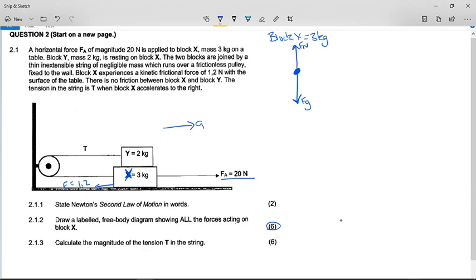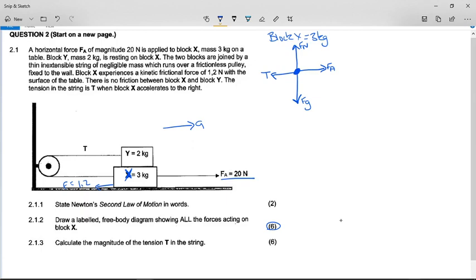Remember now, the mark is for the arrow and the label, and they must all be coming out of the block. The next obvious force is there is an applied force coming out and to the right, and this is 20 newtons if you want to label it. The other obvious force is there's very clearly a string with a tension T coming out to the left. So those are the 4 most obvious forces.